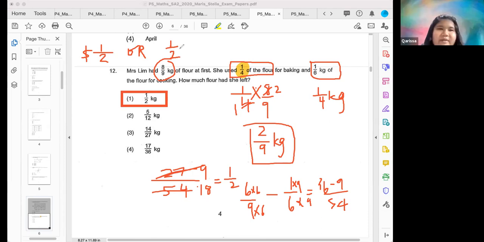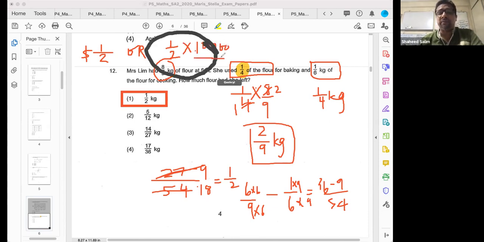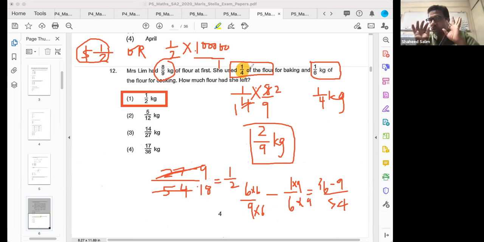You must times the money in the bank, 1 million. You know how much is 500,000? The first one is only 50 cents. This is different. This one is half a dollar, it has a unit already. This one you don't know how much until you times. Same thing: 1/4 of the flour you don't know yet. You must times first. That is why it's not the same. You cannot say half is quarter kg. So I want you to remember that.